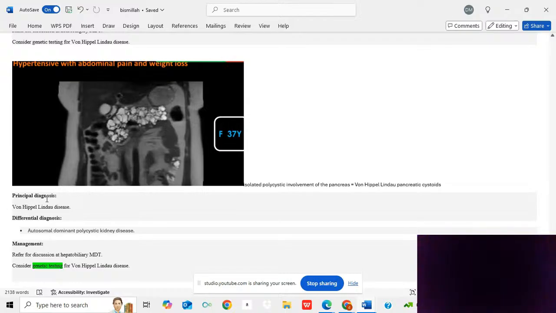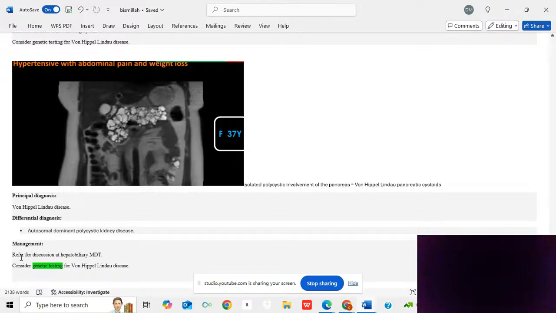The principal diagnosis here is von Hippel-Lindau disease, and these lesions are called pancreatic cystoids of von Hippel-Lindau disease. The differential diagnosis is autosomal dominant polycystic kidney disease, where the pancreas and both kidneys can be involved.